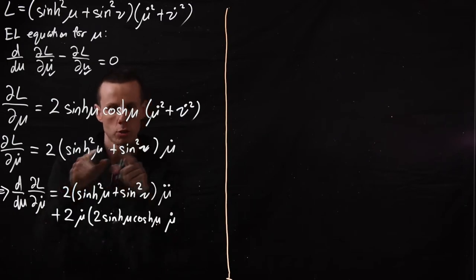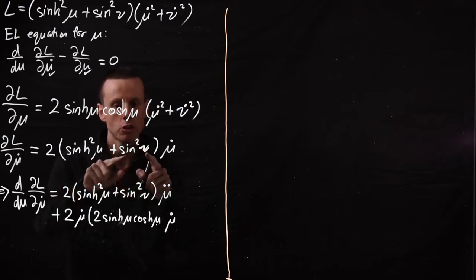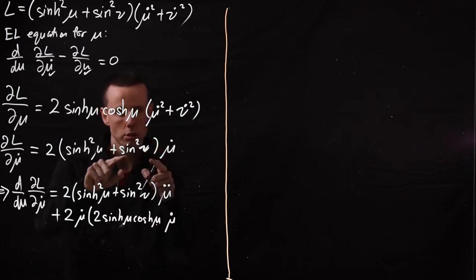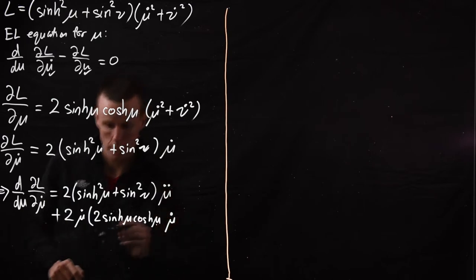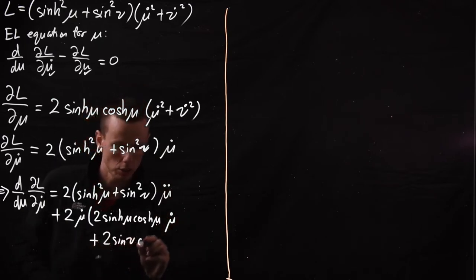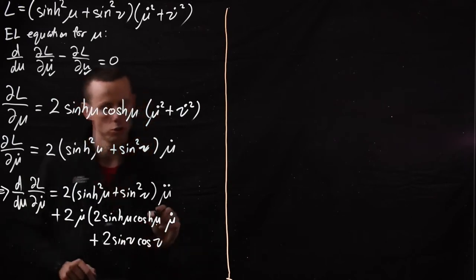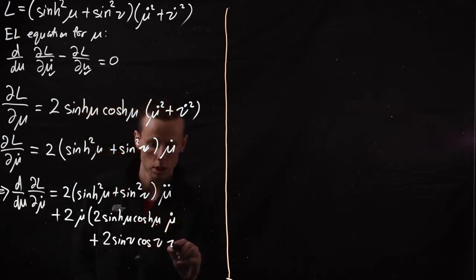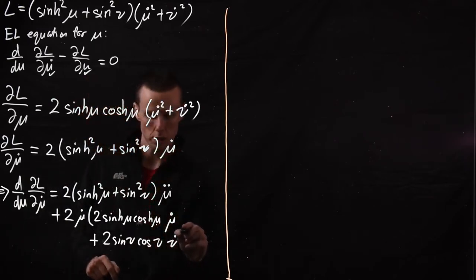And then we also have to differentiate the second term with respect to u. So how do you do that? Differentiate it with respect to nu first, and then multiply by d nu by du, which is just nu dot. So that will just become 2 sine nu cos nu times nu dot.